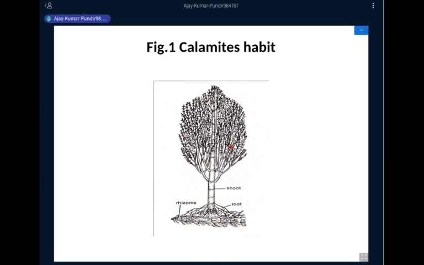At the node of the lateral branches, a ring of leaves develops. The leaves were lanceolate to spatulate in shape. This is the external morphology of the reconstructed plant of Calamites, worked out by paleobotanists.